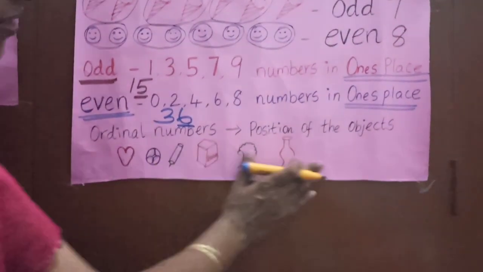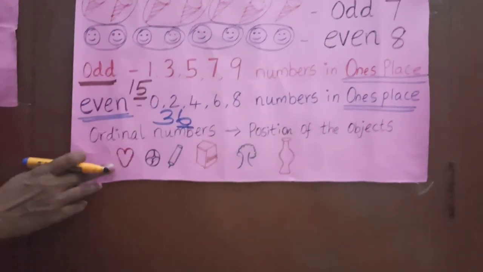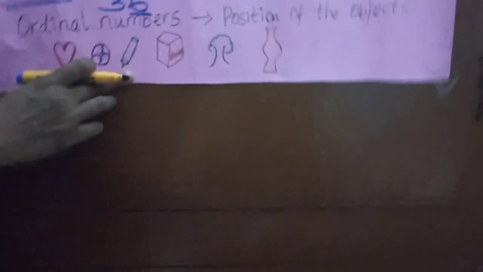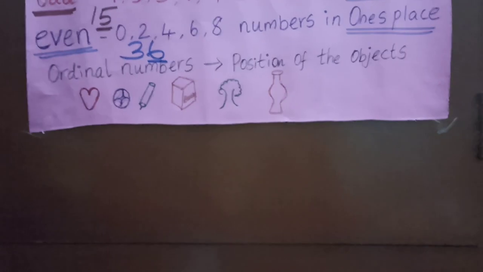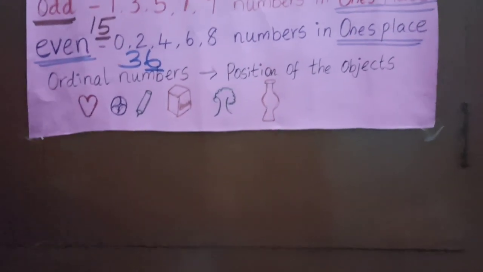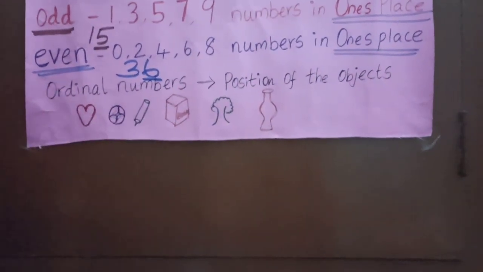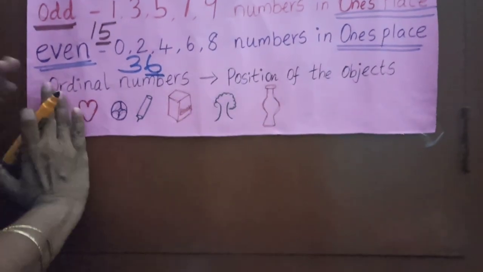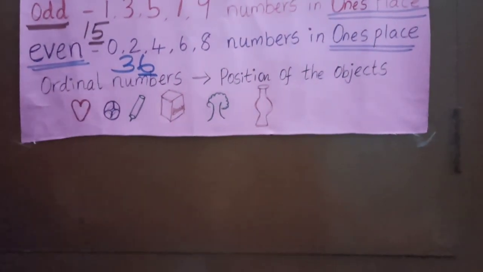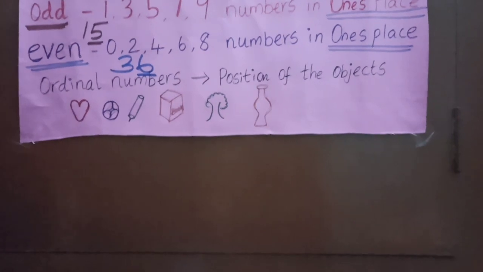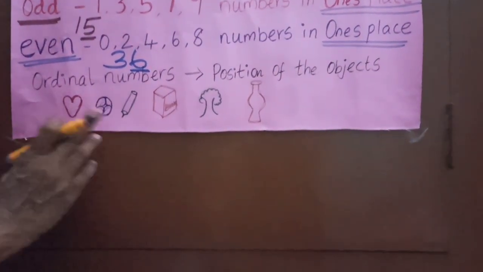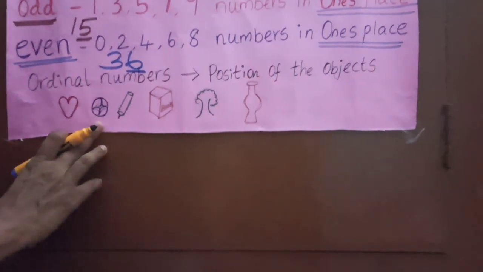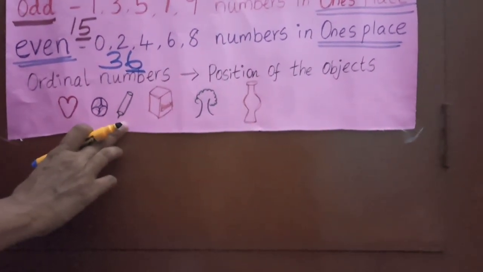See here, I have drawn some objects: one heart-shaped box, ball, pencil, book, tree, and one water bottle. Now I am asking the position of the pencil from left to right. This is the left side, this is the right side. Heart is in first place, ball is in second place, pencil is in which place?